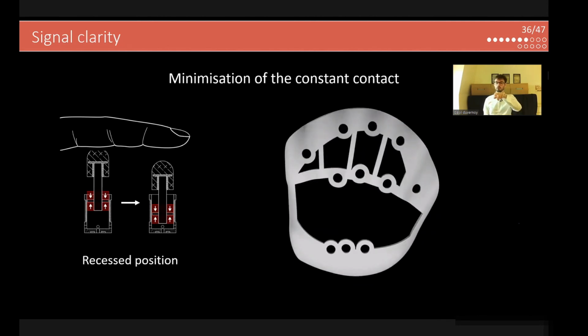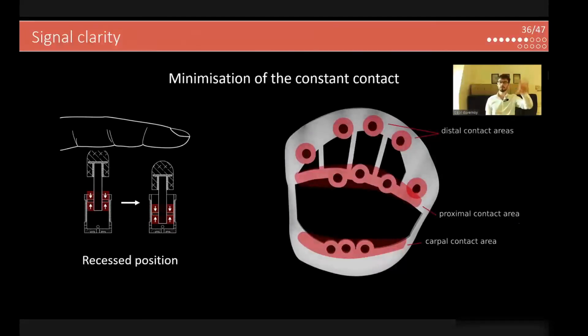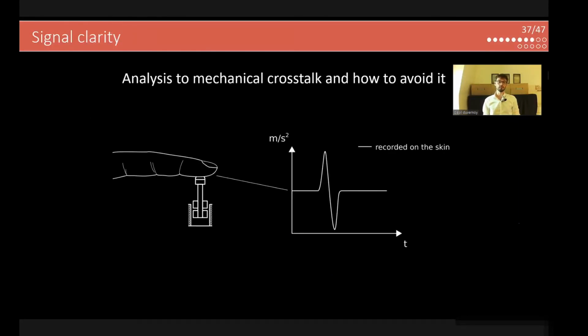So there are holes for the actuators as access points. And this is one area, a second area, and a third area. And these three areas are made as a contact with the skin. It allows to minimize the contact, but also allows the rest position of the hand.